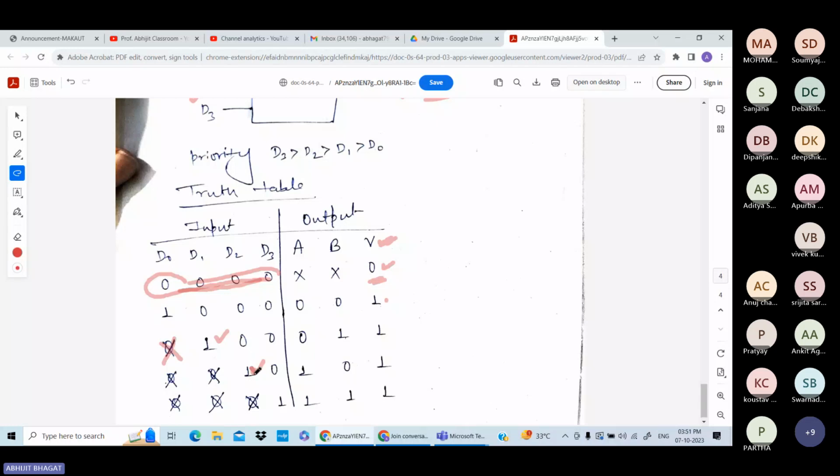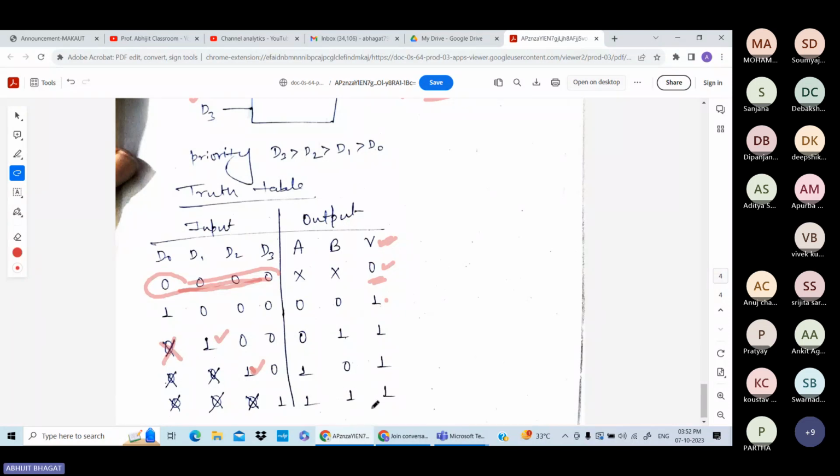So depending on D2, we get the output here. Same for D3. When D3 is 1, D3 priority is highest compared to D0, D1, D2. So your output will be generated depending on the D3 input. So here it is 1, 1.